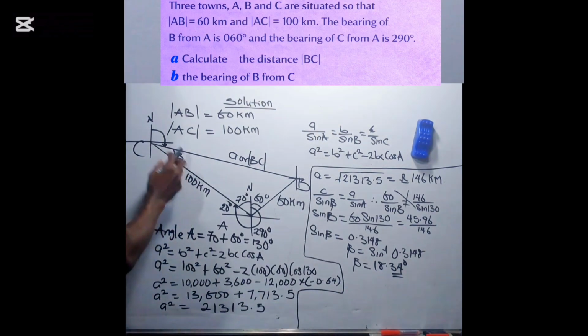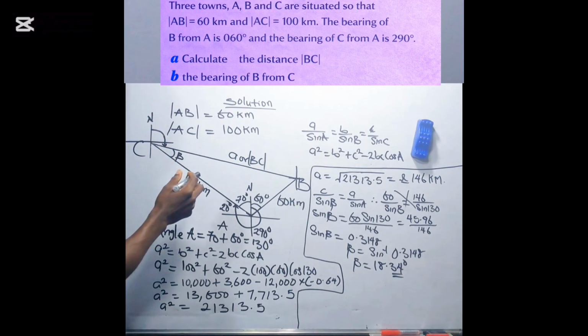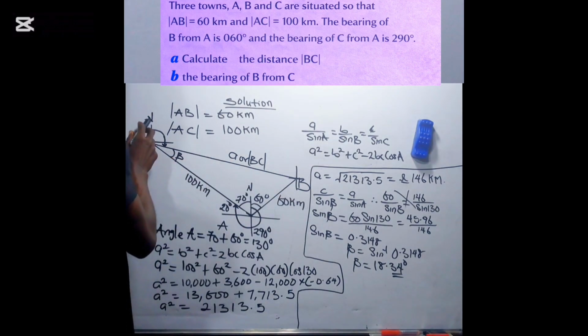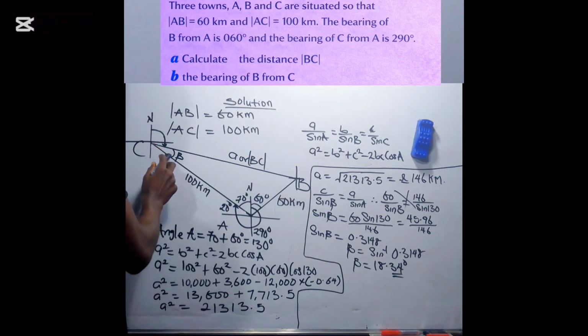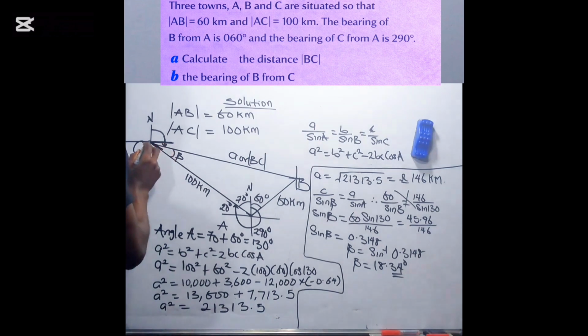Now beta here is 18.34, but what we are looking for is B from C, which is from north to this. Now if this is 18.34, what is all of this angle?